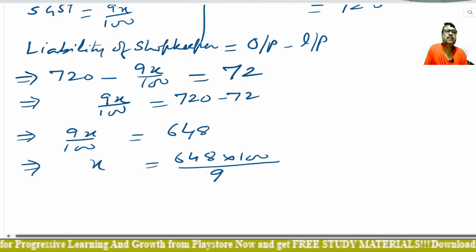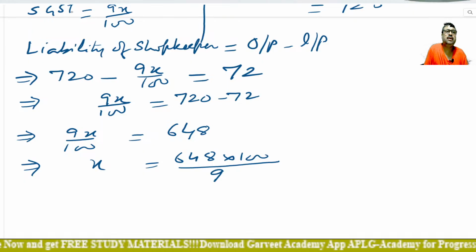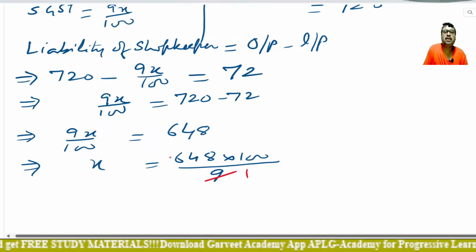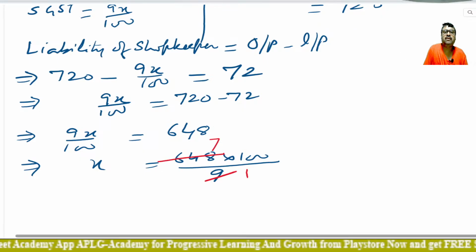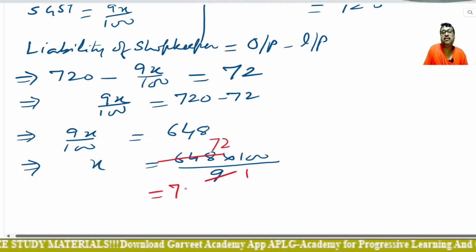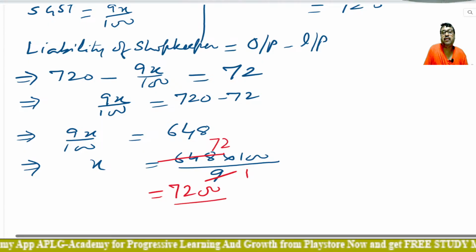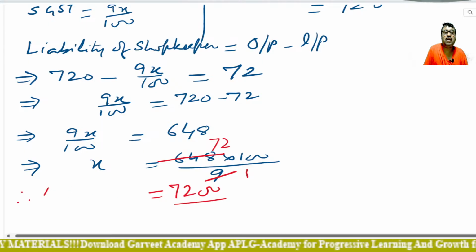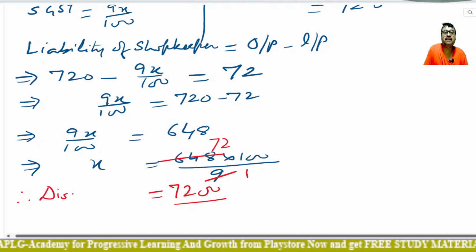And when we simplify it, it will be how much? x is 7,200. What was x?